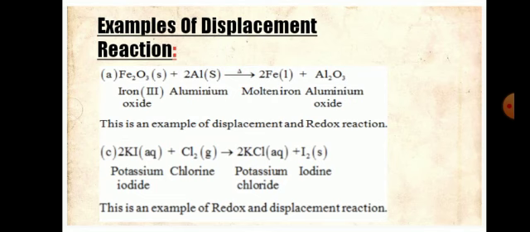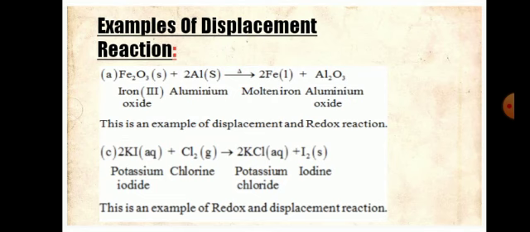This example is for your displacement reaction as well as for your redox reaction, that is reduction and oxidation. As you can see, reduction and oxidation also take place in this first equation. We will be learning about redox reactions in our upcoming classes. Now let's see the second example. 2KI, that is your aqueous solution of potassium iodide, is combined with chlorine, Cl2 gas.